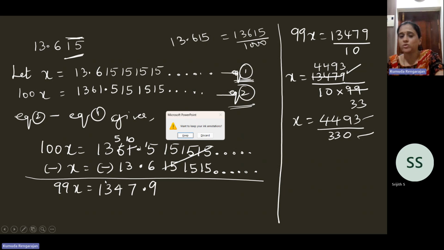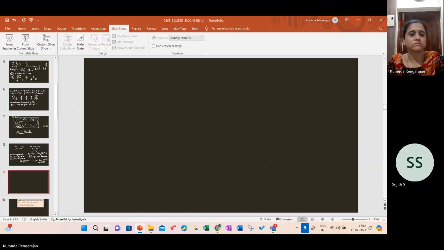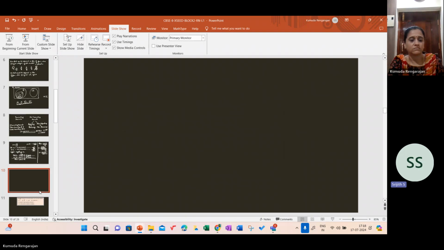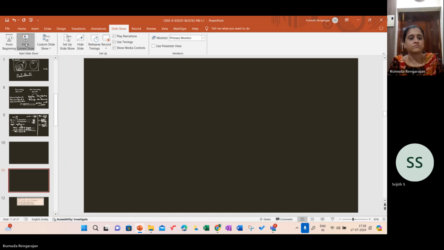If you have another book, if you have a rough book, you can do it in that. Otherwise, use the last pages of your book. Ma'am, do we want to copy this? No, I'll send the notes later, Srijit.